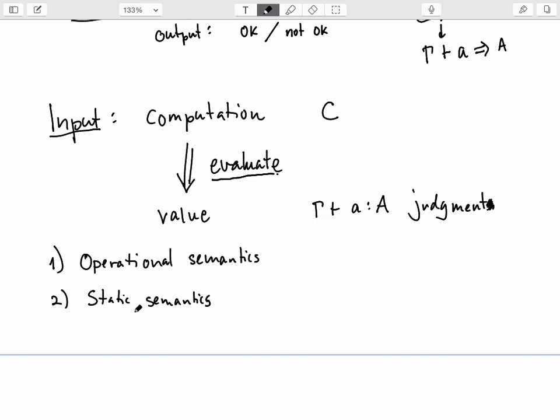Now, first of all, forget about, at least, full-fledged static semantics. Well, maybe a little bit. You can hope to have a little bit. But because we're going to be calculating the dependent type theory, the distinction between evaluation and type checking is not really meaningful. In order to type check a dependently typed program, you may have to perform an arbitrary amount of computation.